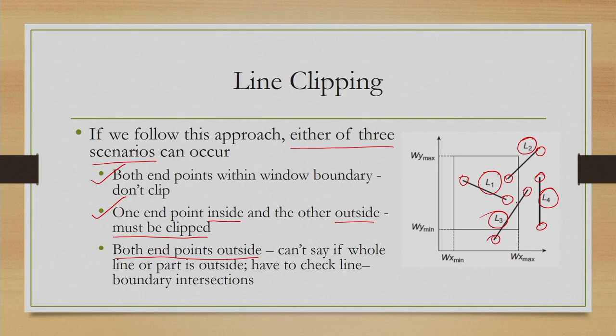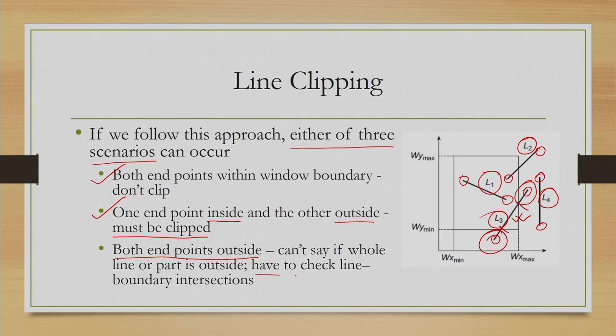However, a portion of it defined between these two intersection points is actually inside the view window. So, we cannot discard the line entirely. Instead, we have to clip out these outside parts and discard them, whereas this inside part must be kept.